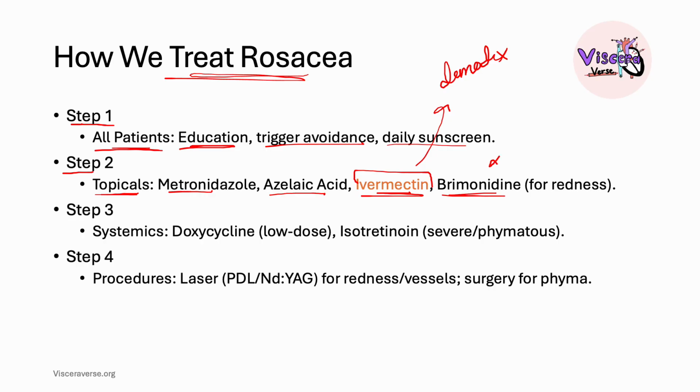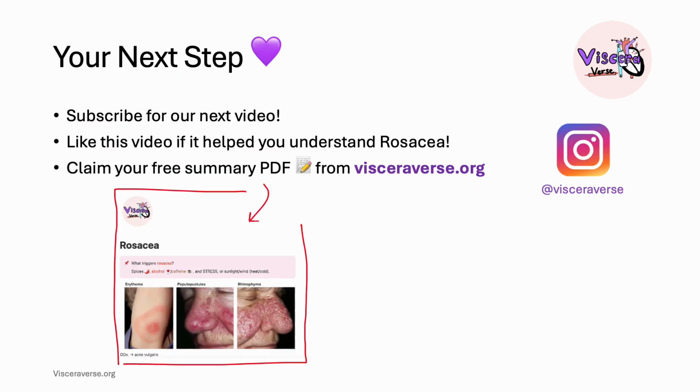This is an alpha 2 agonist and it helps in redness and erythema. Step 3, systemics, including low-dose doxycycline, and isotretinoin, especially in severe cases. Step 4 is procedures, including laser, PDL, pulsed dye laser, or YAG laser for redness and vessels, and surgery for phyma.